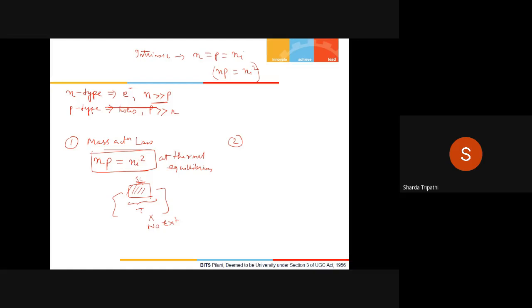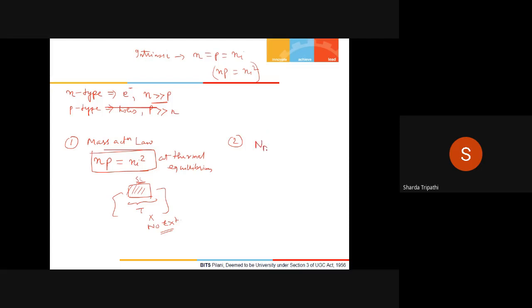So although you have some hole current, some electron current, but the net current inside this is zero. So despite adding doping, despite increasing the conductivity, in the absence of any external voltage, this semiconductor material has to be electrically neutral.